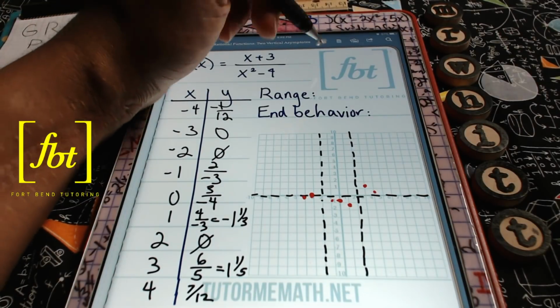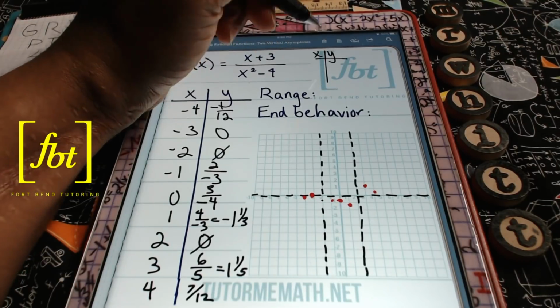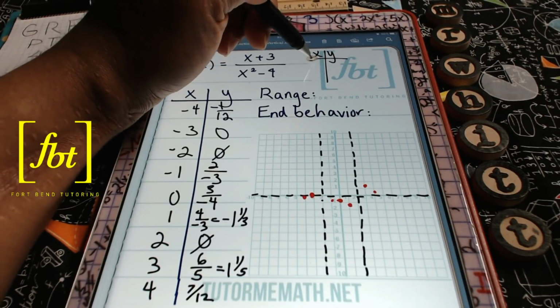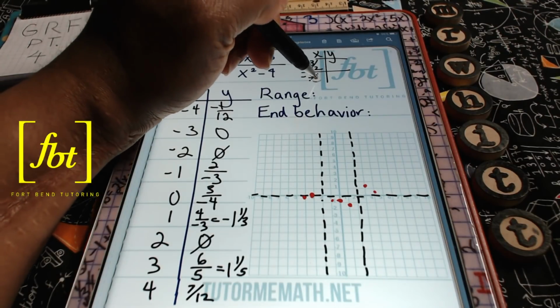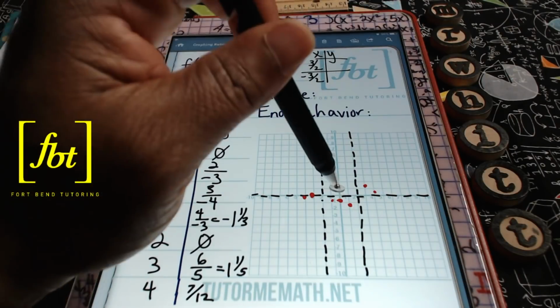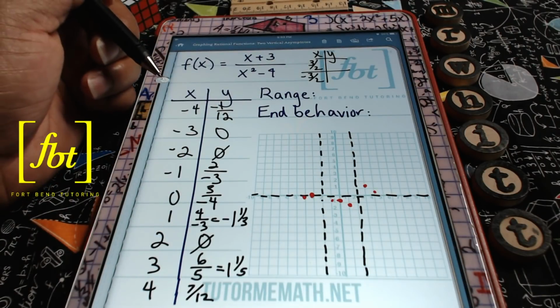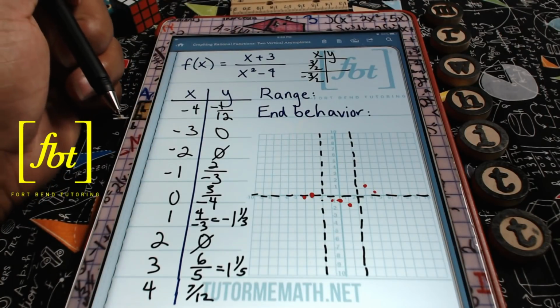So let's see what happens there. So let's go ahead and extend out this XY chart, and we're going to plug in 3/2, find out what that is, as well as -3/2, and see what values that will generate for us. Once again, you want to be very cautious because it can be very tempting to assume the shape between the vertical asymptotes. So let's go ahead and check it out.